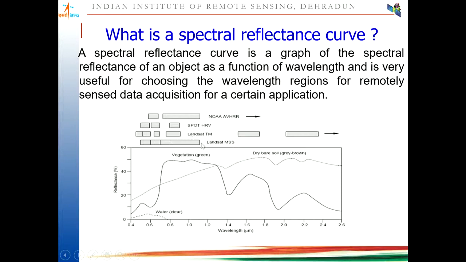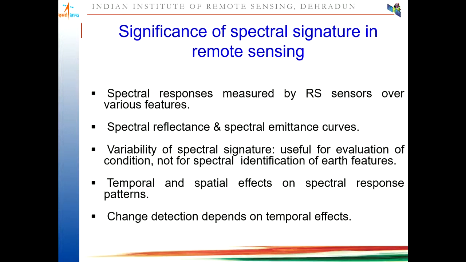Now if due to any reason the greenness of the plant changes, whether it is due to a disease or maybe due to water stress or maybe due to change in growth stage, the shape and size of this curve will change, and this is what the interpreter has to interpret. Similarly, there would be other spectral reflectance curves for characteristic land use, land cover features. We'll look at them one by one.